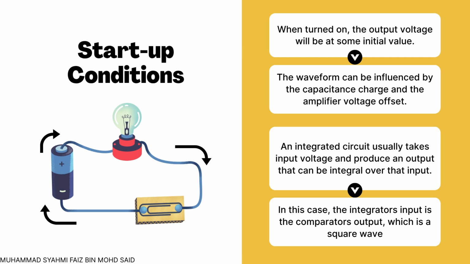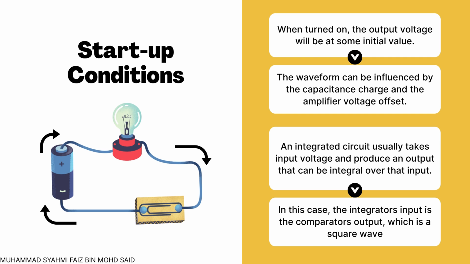Thirdly, an integrated circuit usually takes an input voltage and produces an output that is the integral of the input. This describes the typical function of many integrated circuits, particularly those used in analog applications like signal processing.